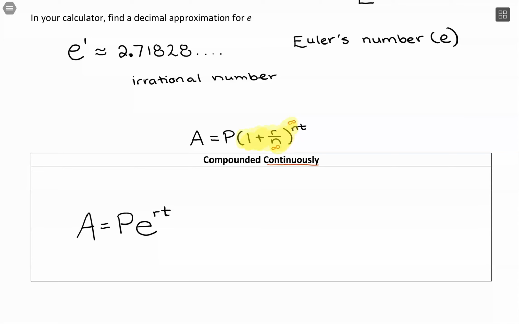I'll show you on our Desmos calculator where you can find e. Most calculators, or at least scientific calculators, have a button for it, so we can plug it in. Another piece here, if we need the effective rate, if we're just interested in the percentage growth, that calculation would be e raised to the power of the rate, minus 1.